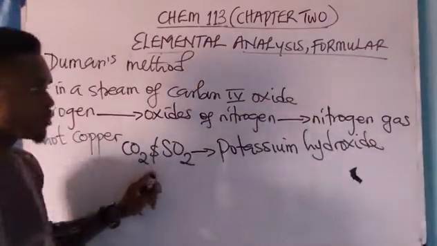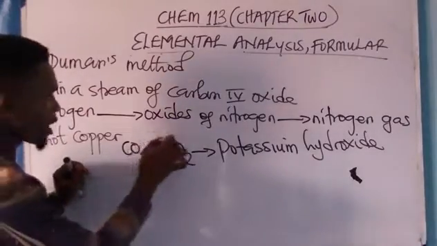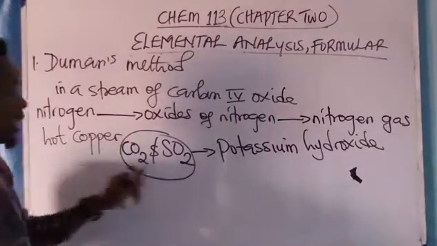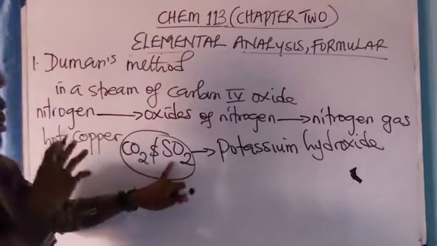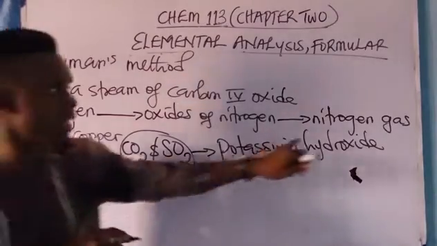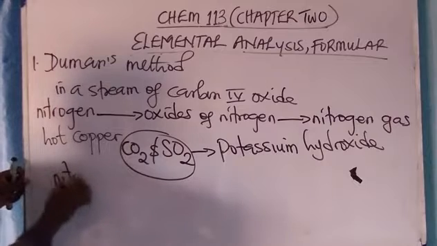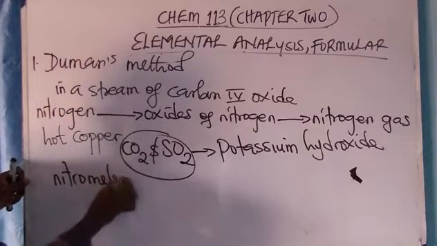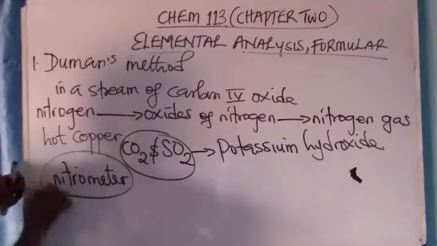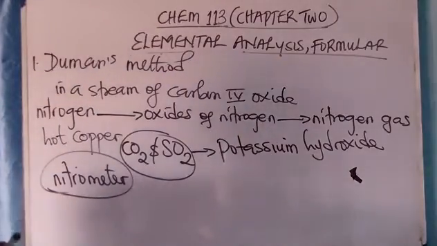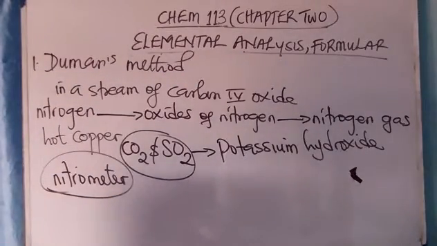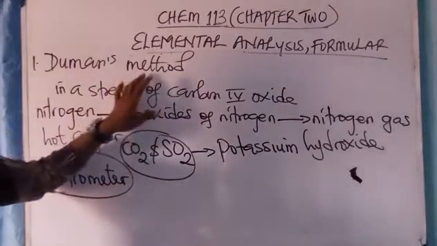The function of this potassium hydroxide is to remove the carbon(IV) oxide and sulfur oxide from this compound, while the nitrogen gas is collected in the nitrometer. As soon as it is collected in the nitrometer, it is measured and calculated. So this is all about the Dumas method.